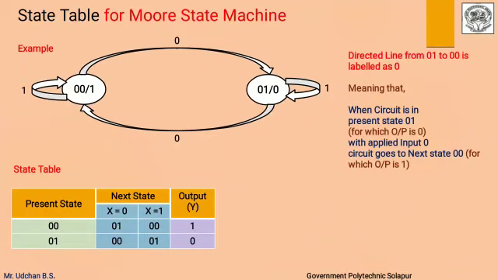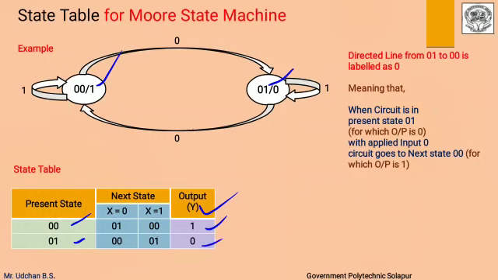Therefore we have not taken the value of x as a 0 or x as a 1, which is irrelevant, as this output is not dependent on the present input. It depends only on the present state. Therefore we have written the output for this present state 00 as a 1 as shown in this state diagram, and output for this present state 01, we have written output as a 0.